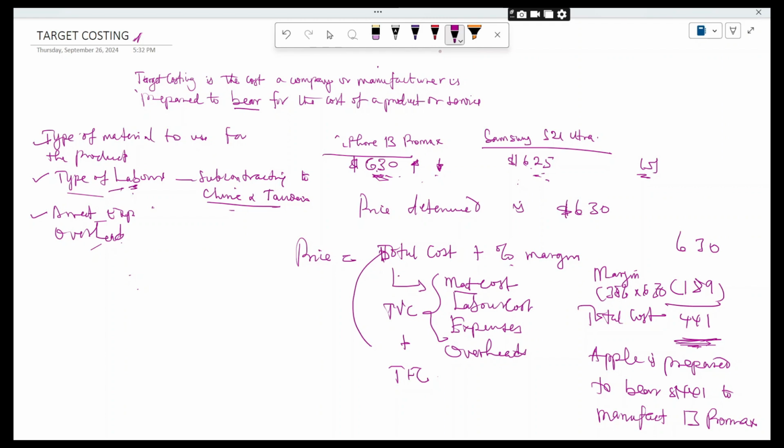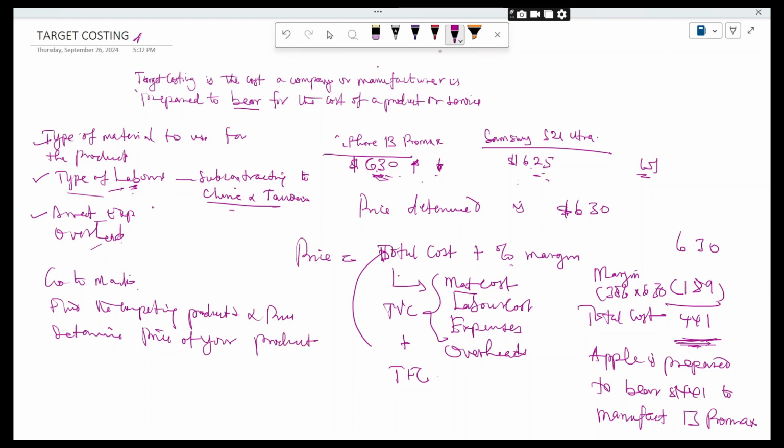So basically, what target costing is saying is go to the market, find the competing product and prices. Then you determine the price of your product, right? When you determine the price, you subtract the percentage margin from the price.